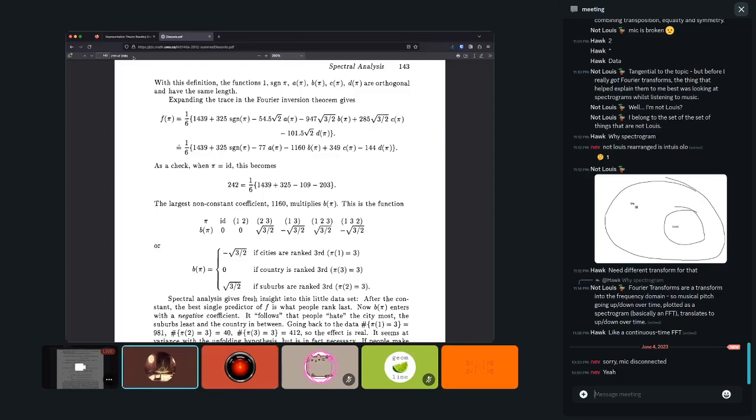But I guess it still feels really cool as the mathematically natural way to analyze data, or ranking data, or permutation data.